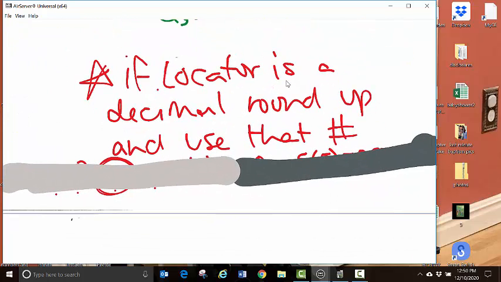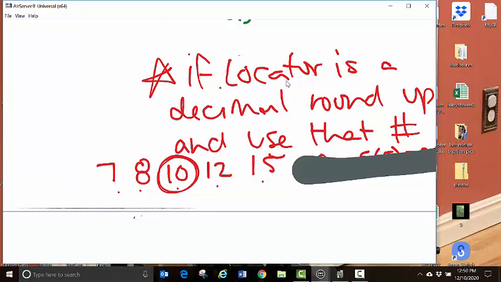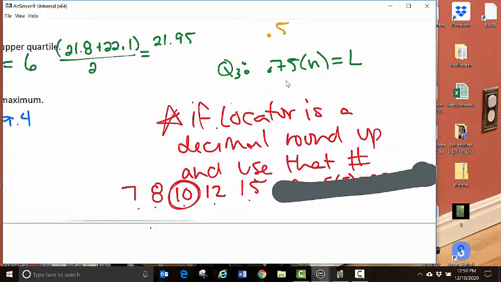What if I had these numbers? Their n is 5. My median is 10. That would be our old median, right? Here's the deal. Our old median would have been 10, the number right in the middle.